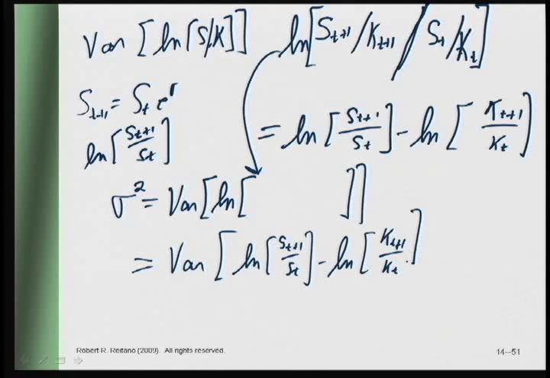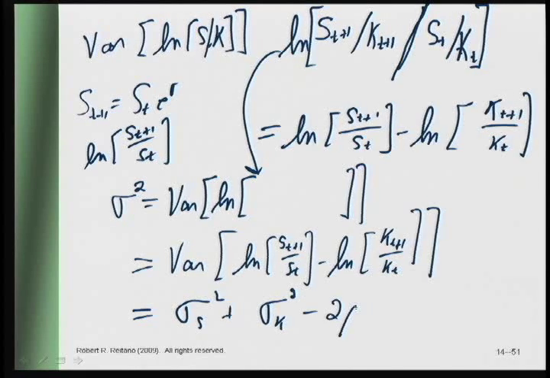So we know the variance of a sum or the variance of a difference reflects the individual variances and a correlation. And then we get that this is the variance of S plus the variance of K, and then we have minus 2 rho standard deviations times, and that's what we have. And that's the formula we see in the book.